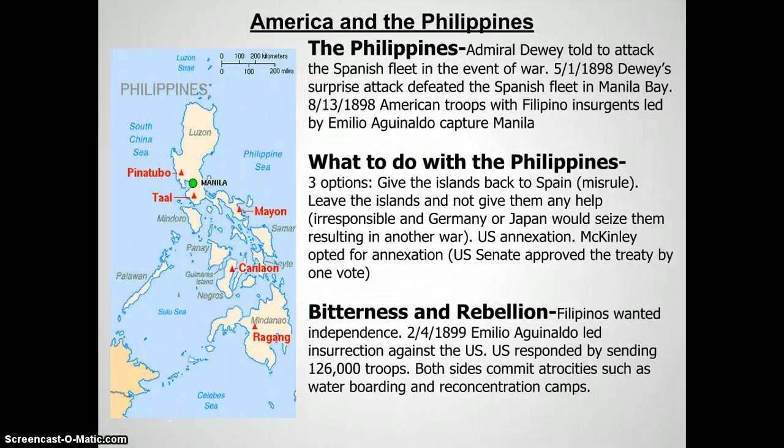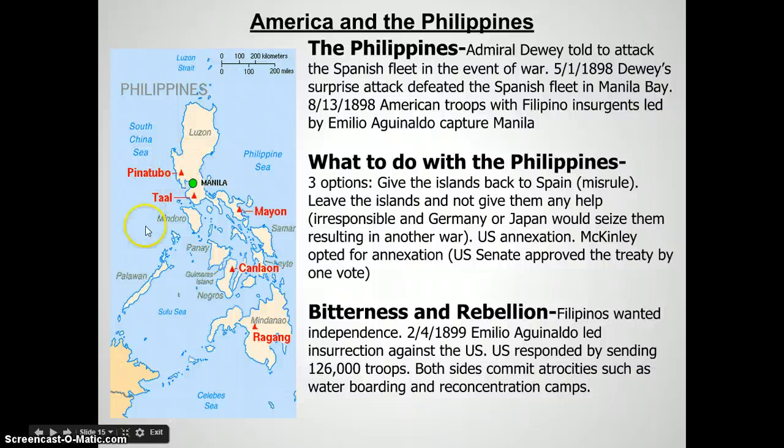On the other side of the globe, with Spain's territorial holdings, we send the Navy under Admiral Dewey to overcome the Spanish military presence that is there. Dewey will come into Manila Bay.